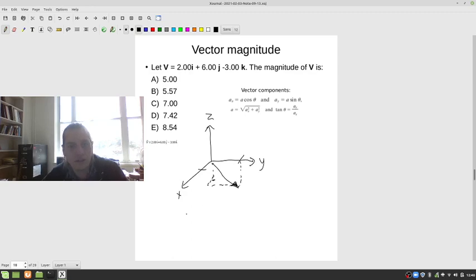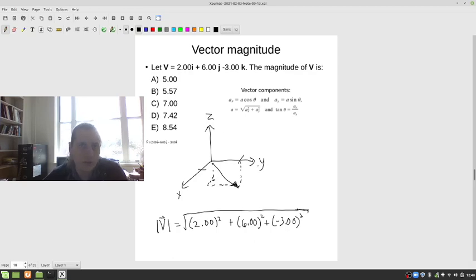Well, the way that you find it is just by taking the size of that arrow, which is going to be the square root of 2 squared plus 6 squared plus -3 squared, and you square it, it becomes a positive number, and there you go. It should be one of these. Okay, so finding the vector magnitude is easy, and it just involves the Pythagorean theorem.